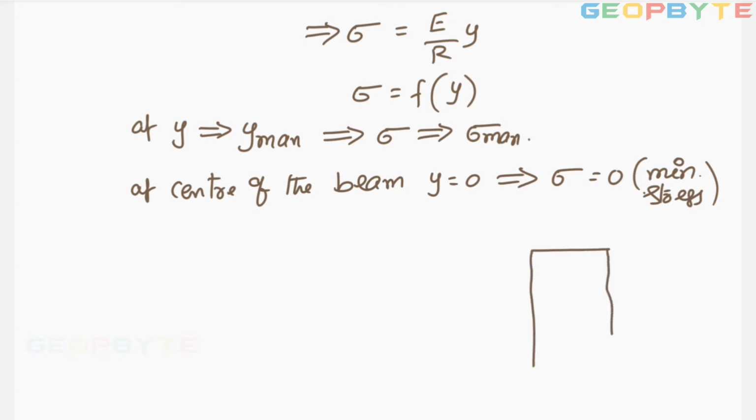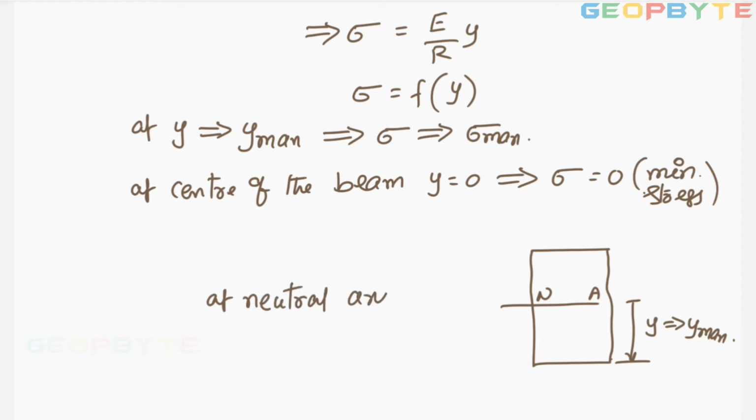This is the neutral axis. At the outermost layer, y becomes y max. At the neutral axis, y equals 0. When y equals 0, sigma equals 0.